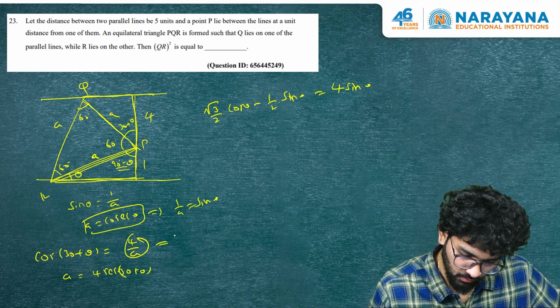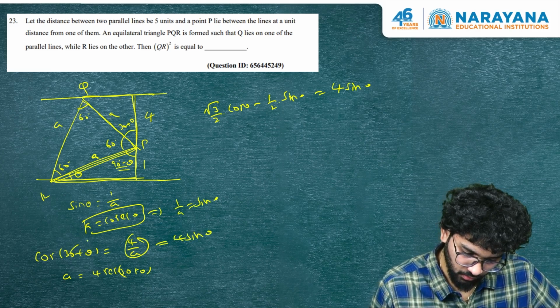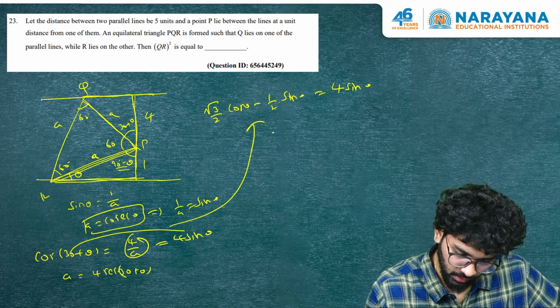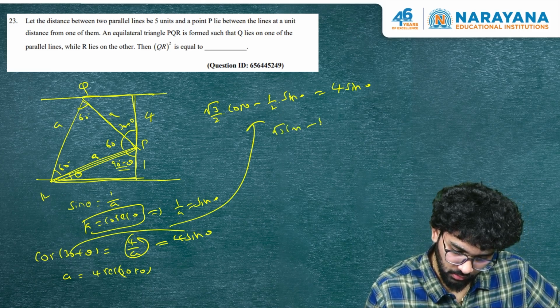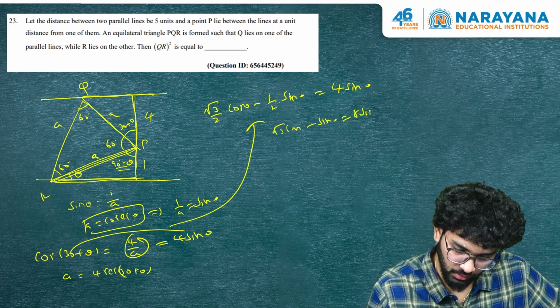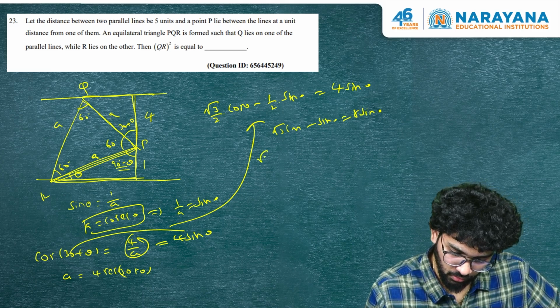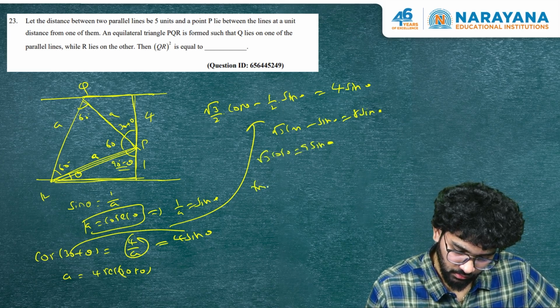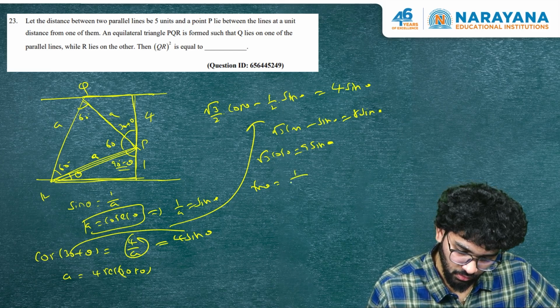So this 4 by A will become 4 sin theta. Now simplifying this, I am getting root 3 cos theta minus sin theta equal to 8 sin theta. So root 3 cos theta is equal to 9 sin theta, which means tan theta is equal to 1 by 3 root 3.